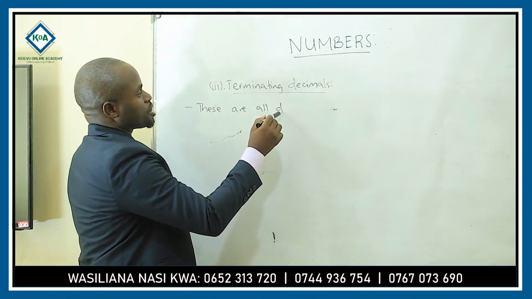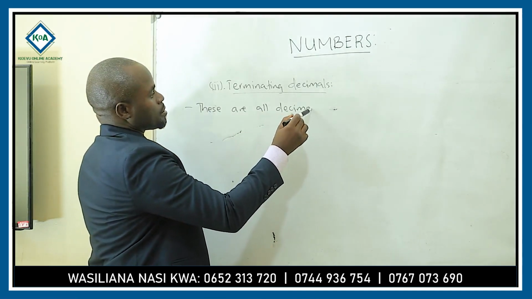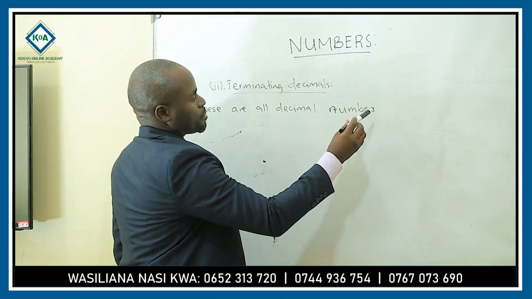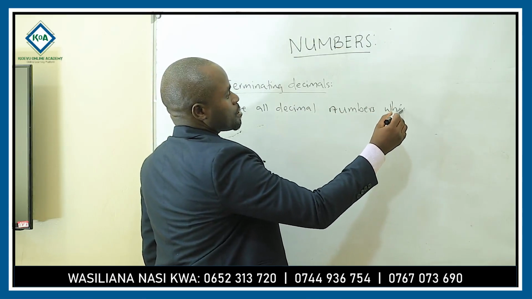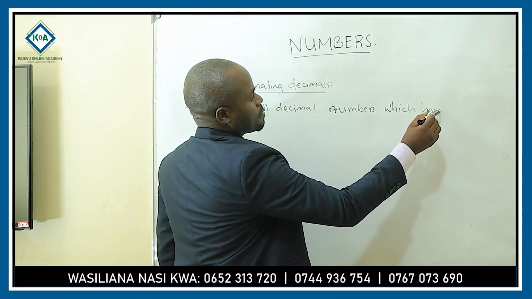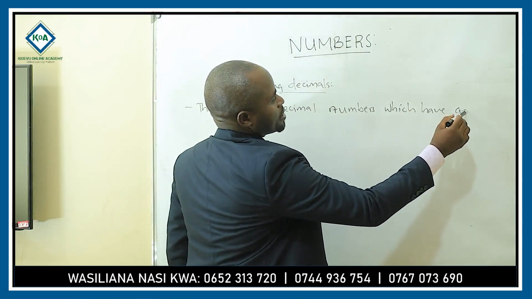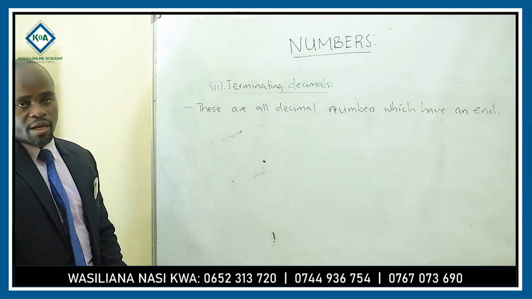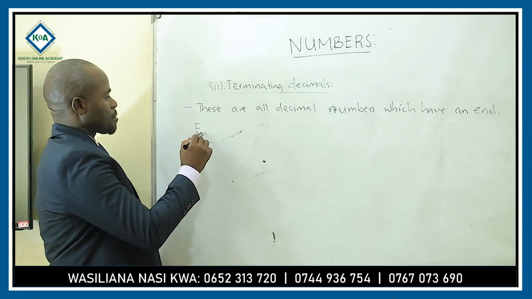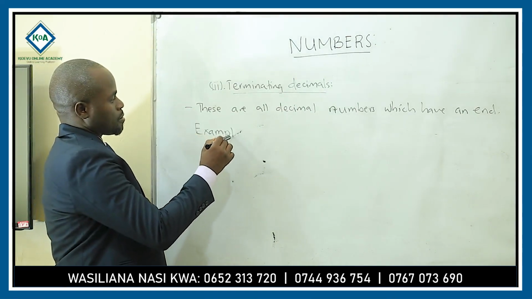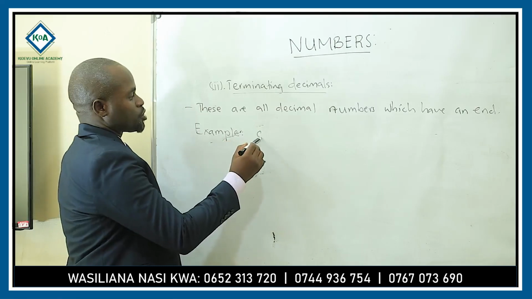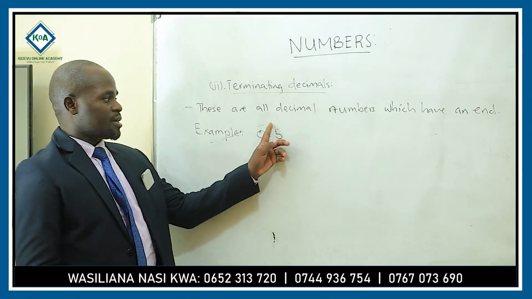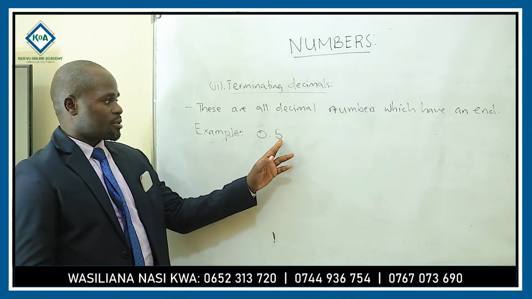So these are all decimal numbers which have an end. For example, if you have 0.5, it means 0.5 is the last number. So it ends here, 0.5.